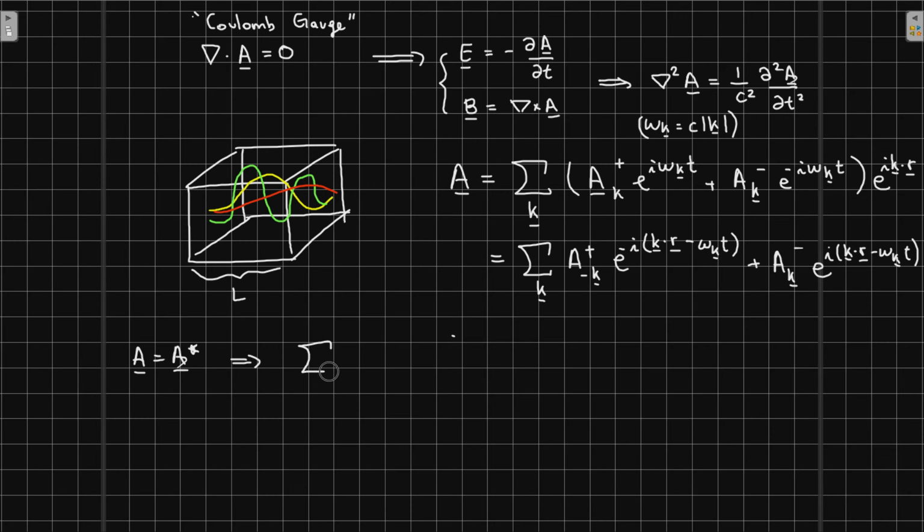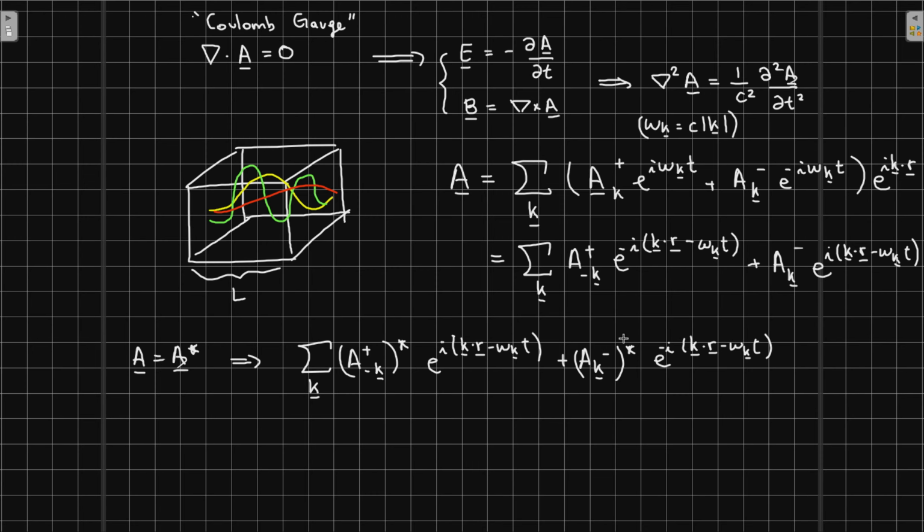In other words, the sum over k of a_{+,-k} star, so the complex conjugate of e to the i (k·r minus omega_k t), plus a_k- again complex conjugate, e to the minus i (k·r minus omega_k t), right?